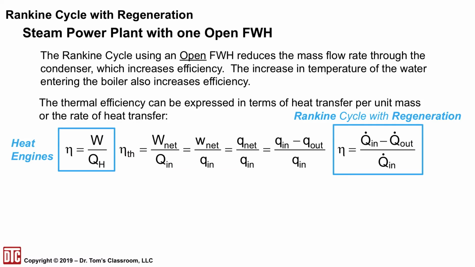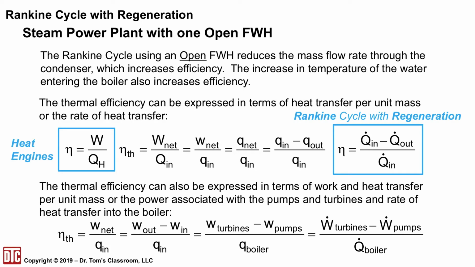Because it's a cycle, the change in internal energy is zero, so W net equals Q net, and Q net is Q_H minus Q out. What is in the reference handbook in the section on the Rankine cycle with regeneration is the efficiency as Q dot in minus Q dot out over Q dot in. So that again reinforces the various equations that we've had for thermal efficiency, based on how you want the units.